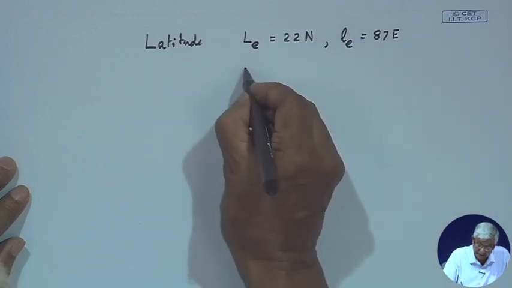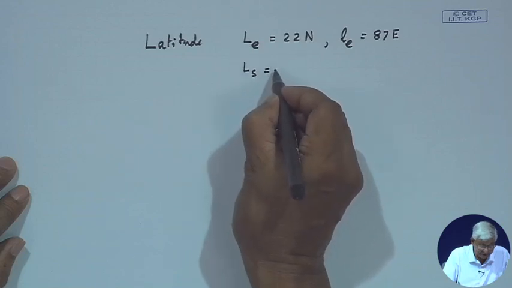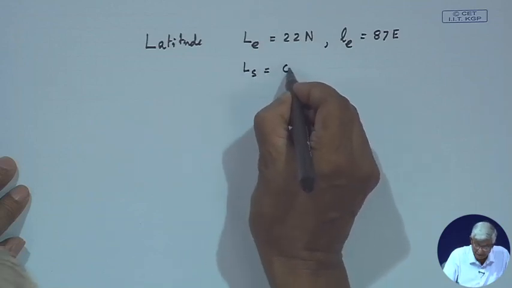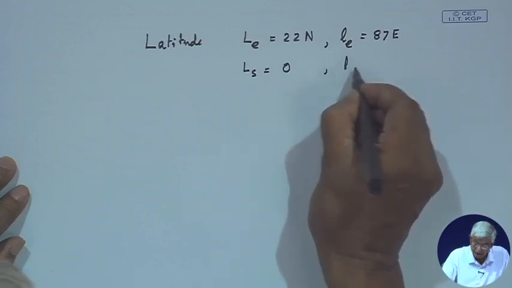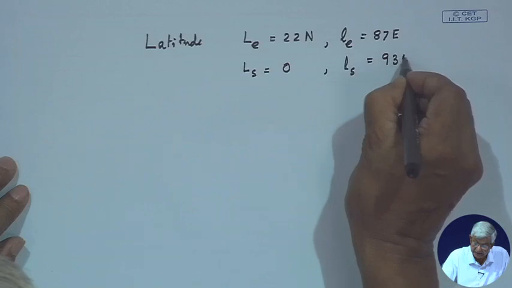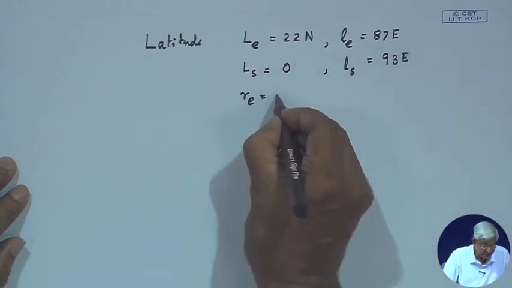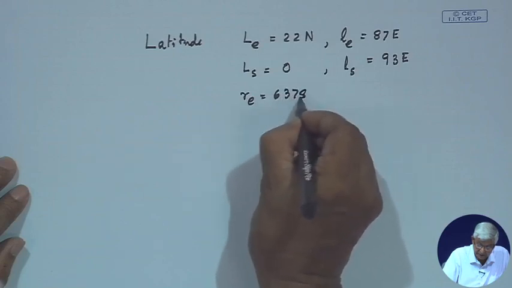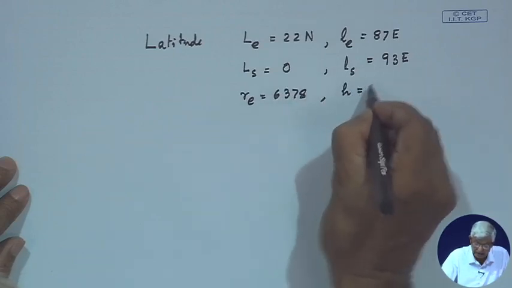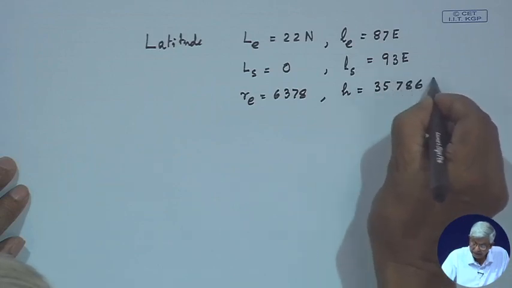Similarly, for the satellite, subscript will be S. The latitude of the satellite for a geostationary satellite should be 0, and longitude of the satellite is 93° east. This is given, and also given R E is equal to 6378 and H is equal to 35786 kilometer.